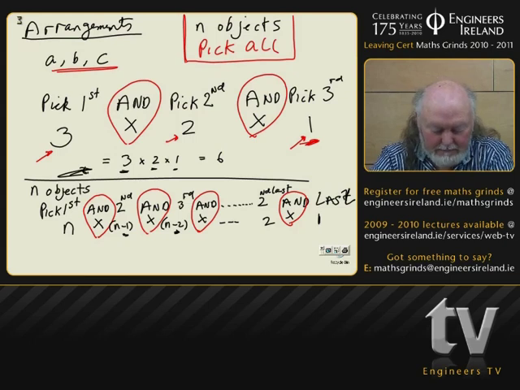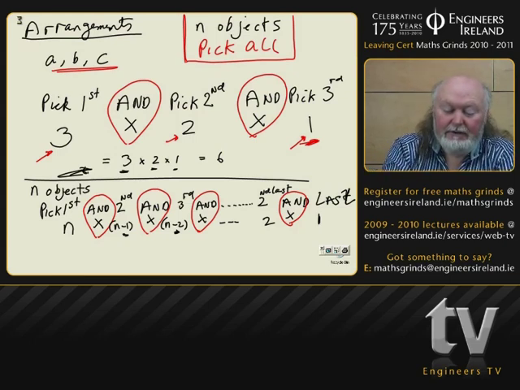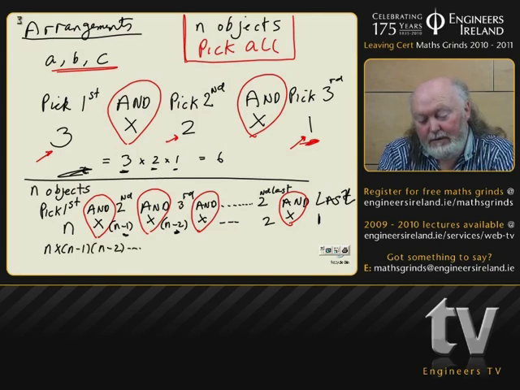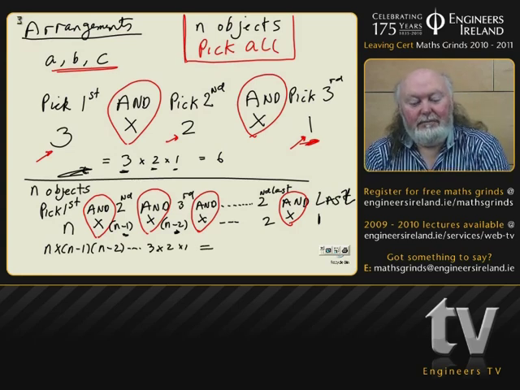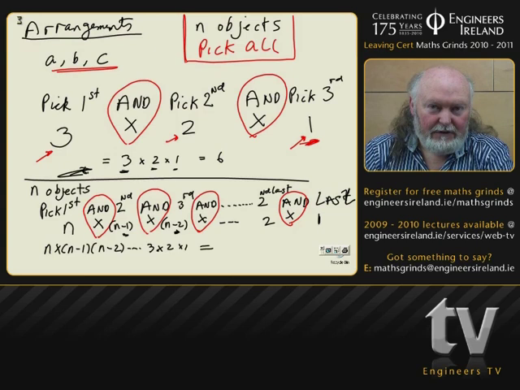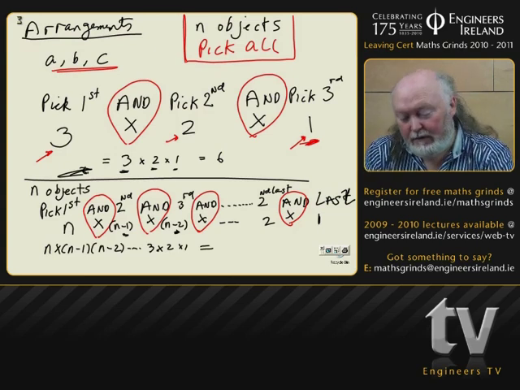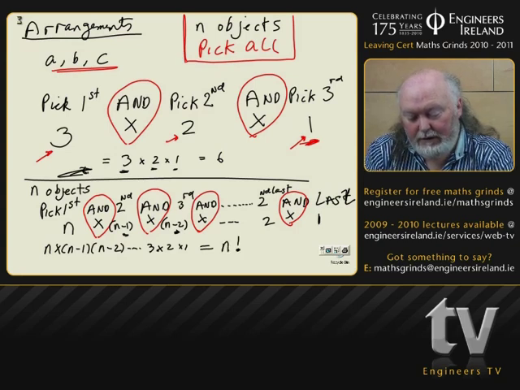What we're dealing with here, this set down here, this n by n minus 1 by n minus 2, all the way down by 3, by 2, by 1. We give a name to it, and it's much easier when you have a short name for something than writing a big long thing like that and having to repeat it all of the time. That's how it's written, and it's called n factorial.